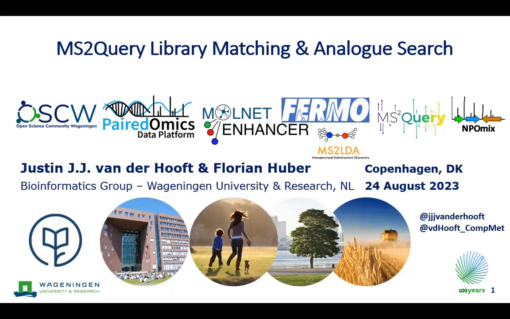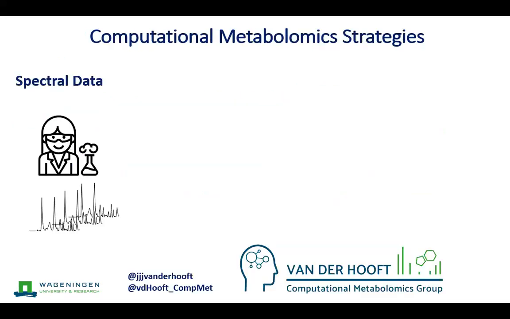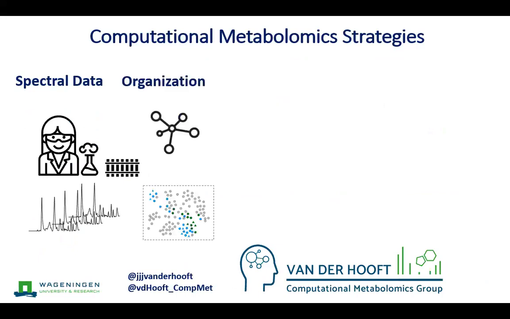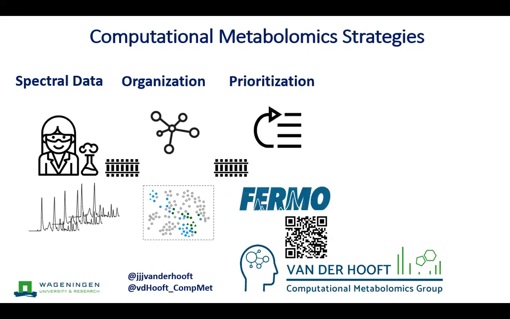So in my group, we're working on various aspects of computational metabolomics. Going from the spectral data from a researcher, we work on the organization of the data, and you just saw an example of that, how we can organize a lot of spectra into a kind of map, so we can try to find out who is related to whom.